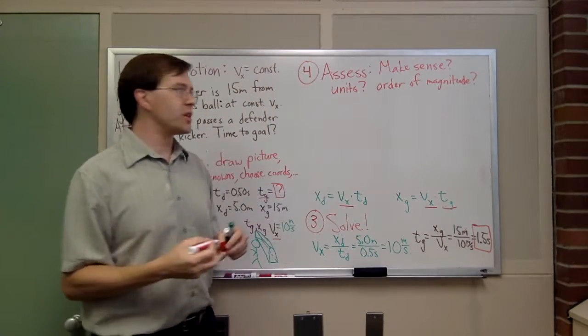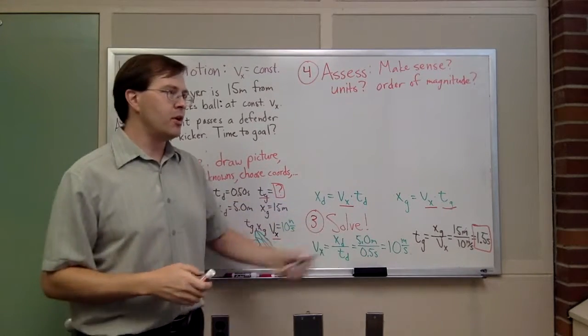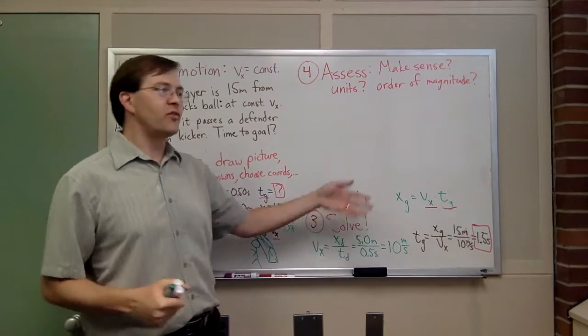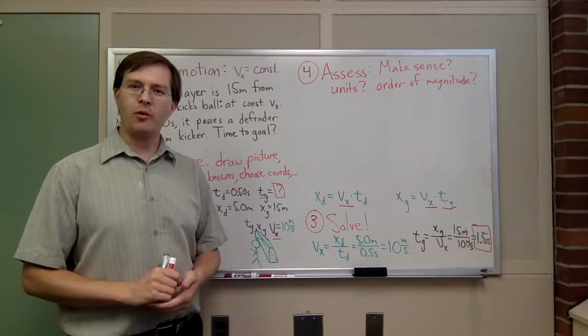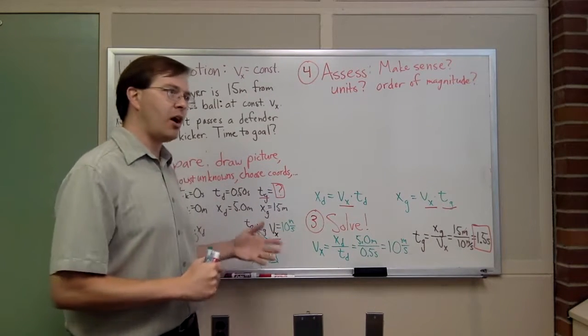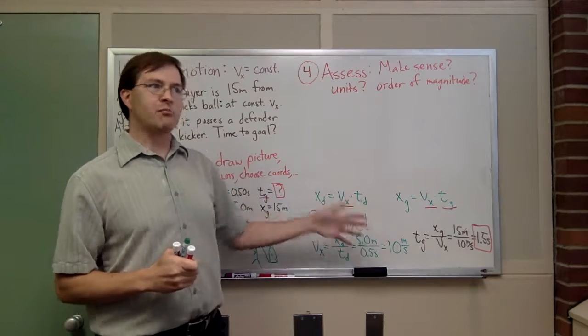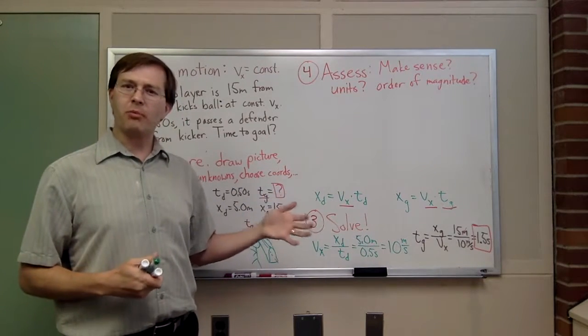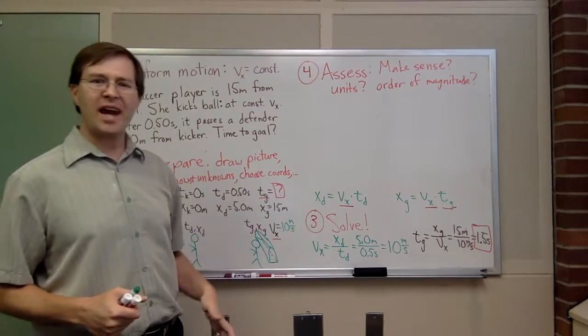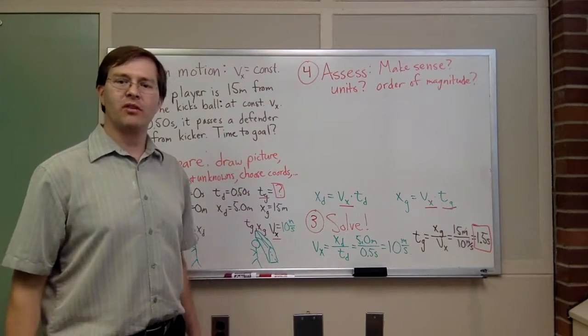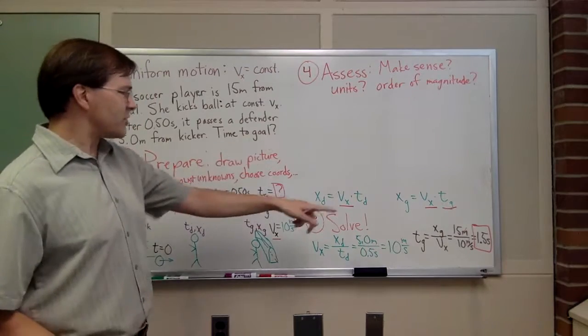So, for example, if I had gotten a time of 10,356 seconds, that would be weird for a soccer game, right? That would be way too much. If I had gotten a time of like 3.6 microseconds, that would also be a pretty impressively fast kick for a soccer game. I expect having a second and a half to react, that sounds like something that is reasonable for soccer. So that makes sense to me.